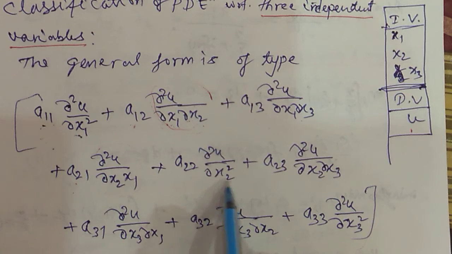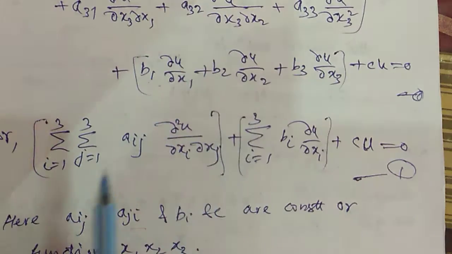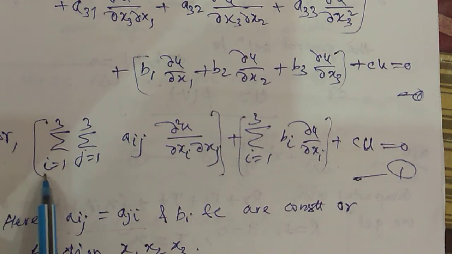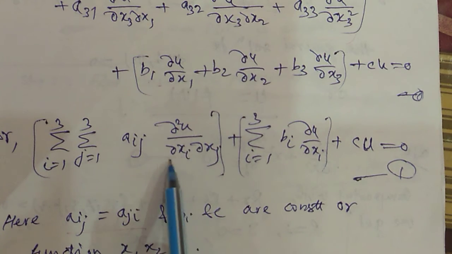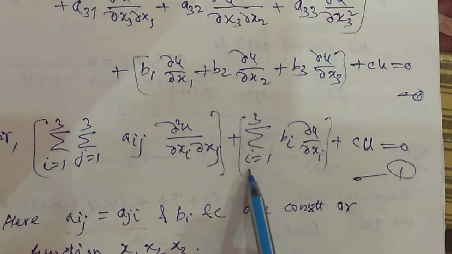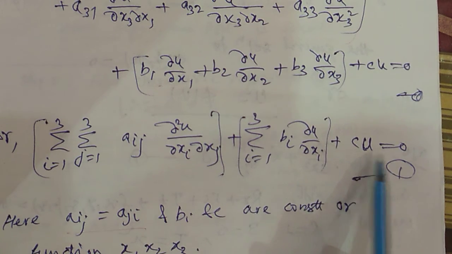With respect to x2 two times, its coefficient is a22. So now we can write this in summation form. This summation runs from i equals 1 to 3, j equals 1 to 3, aij del 2u over del xi del xj, plus first order terms and constant terms.